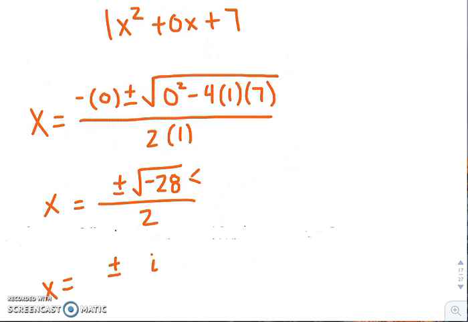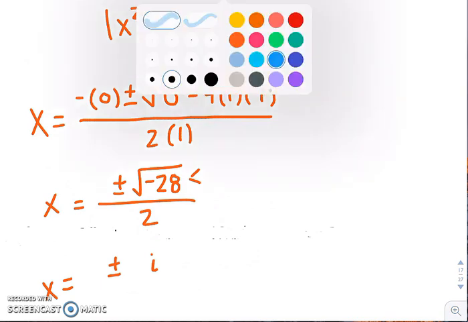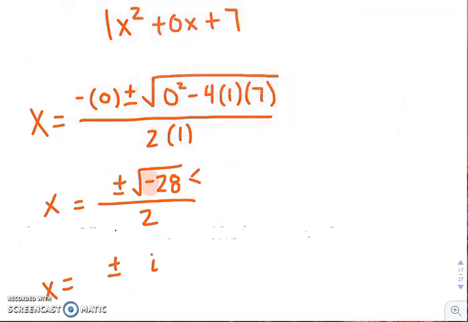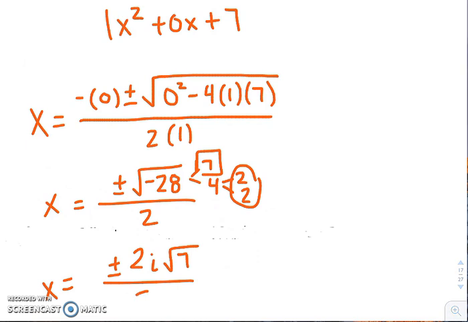I know that I'm going to have an i because of your negative. Anytime you have a negative, that's what becomes your i on the outside. So we just need to worry about simplifying 28. So I would use 7 and 4, and then 4 would be 2 and 2. So that pair of 2's is your perfect square. That's going to come out, and you're left with 7 underneath.